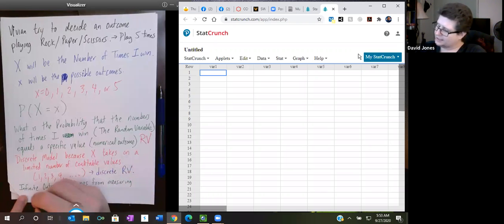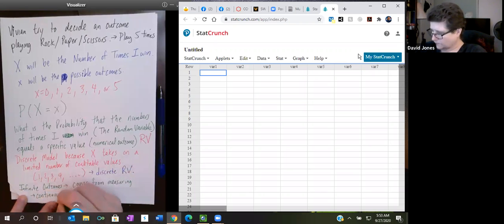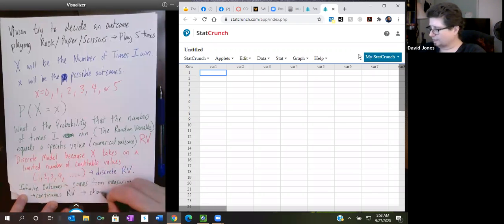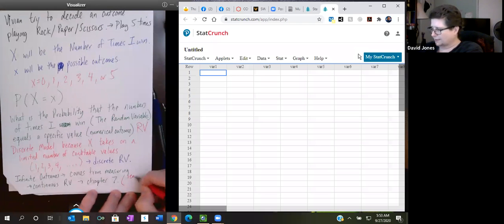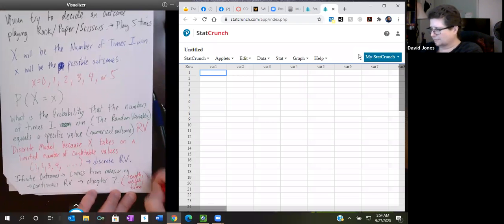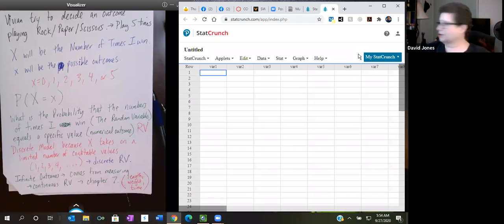We call this a continuous random variable. And we'll look at that in chapter 7. And I'll just write down some examples. Length, weight, time, things we measure.